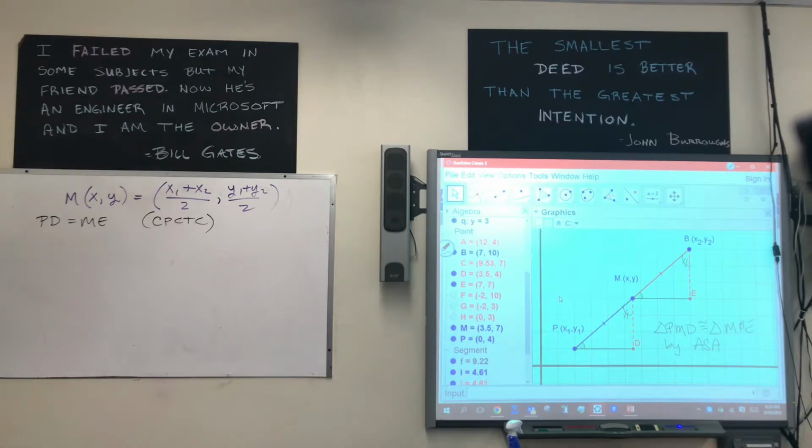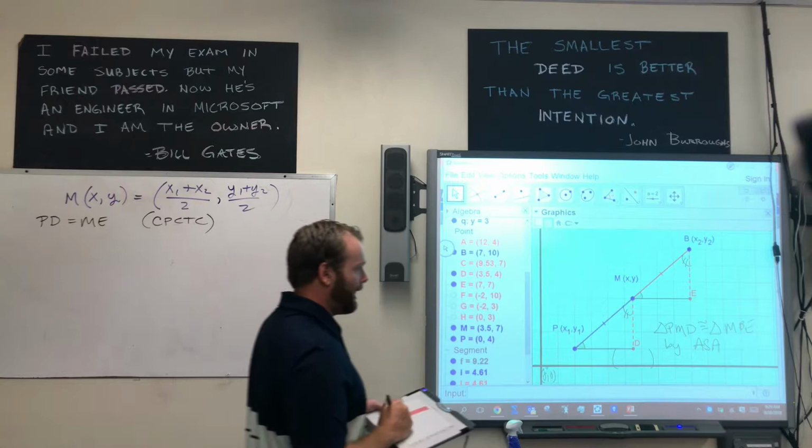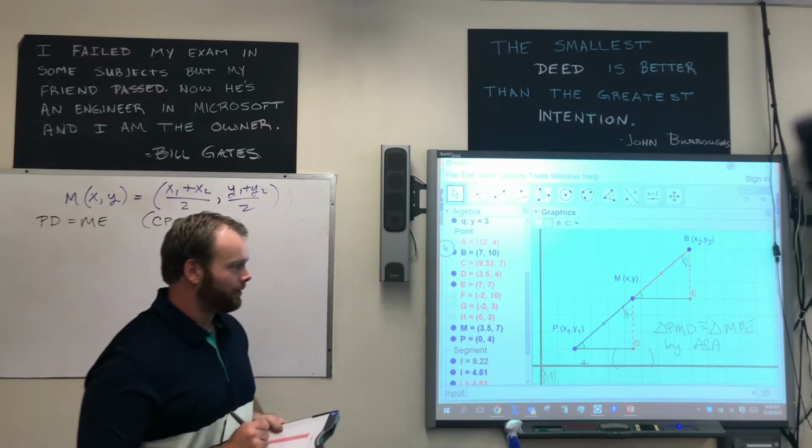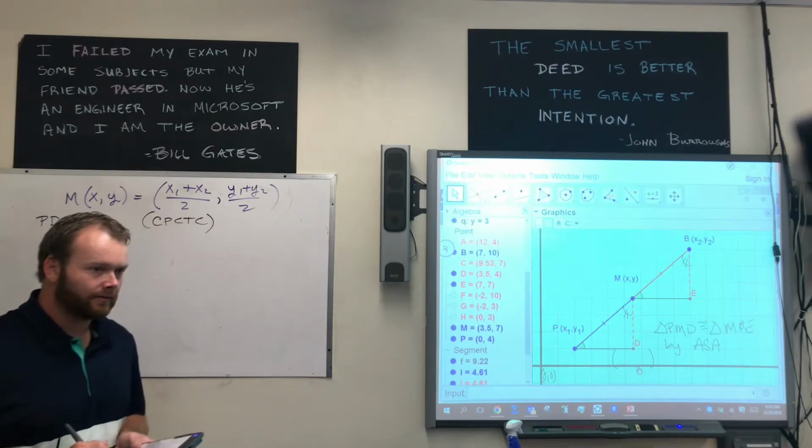So I'm going to ask you, what should be the coordinates for D? If this is the origin here, okay, how do I get to D? Based off the blue things, how far over do I need to travel to get to D?